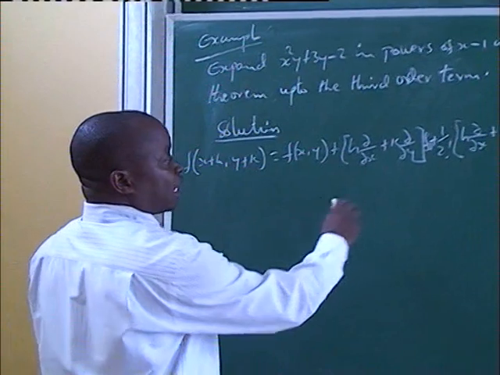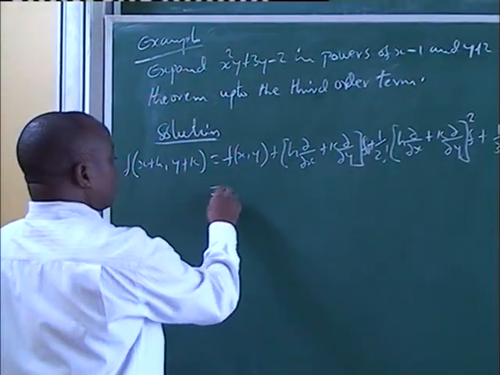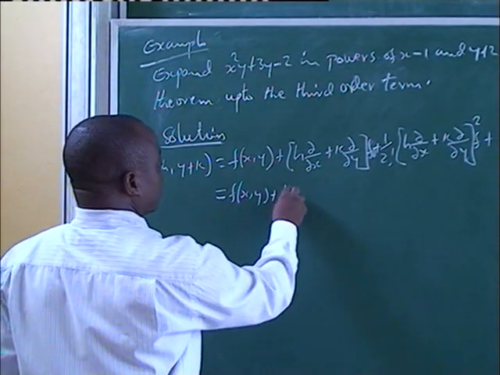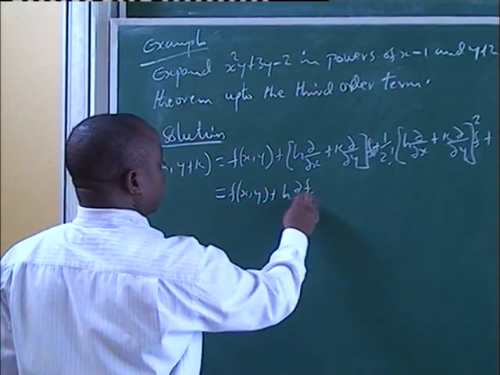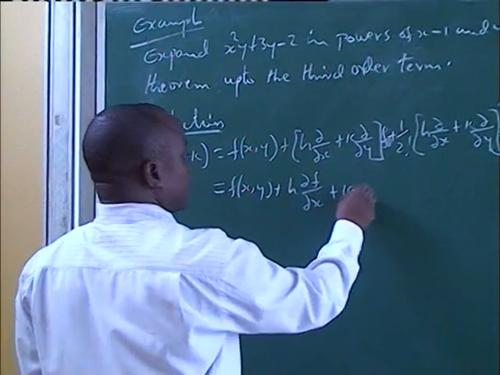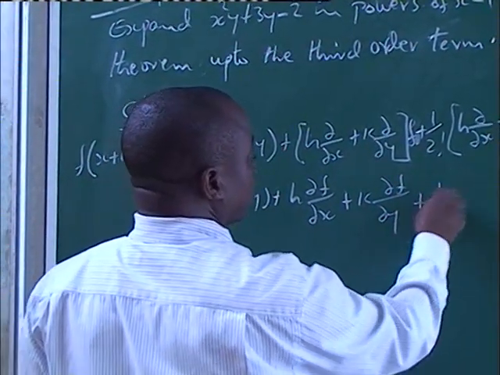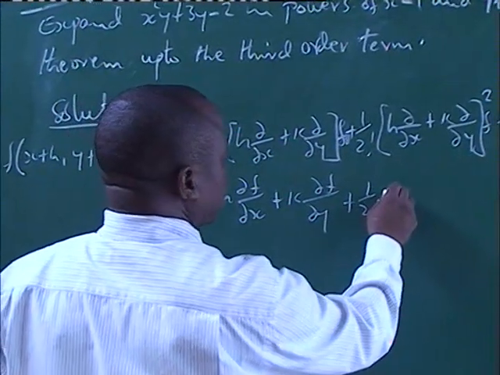Now, if we have this, we can write it in this form: plus h partial f partial x plus k partial f partial y, plus 1 over 2 factorial.